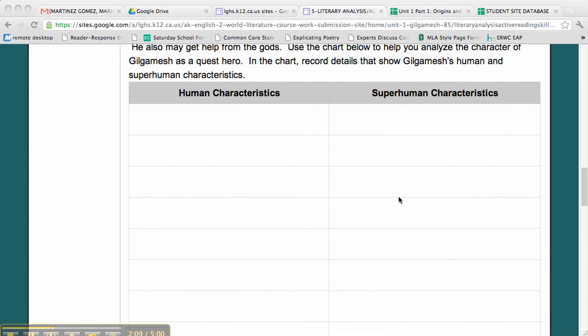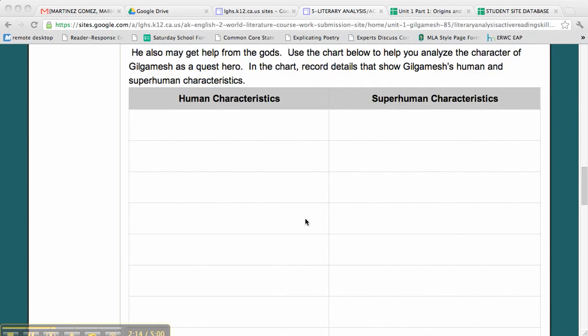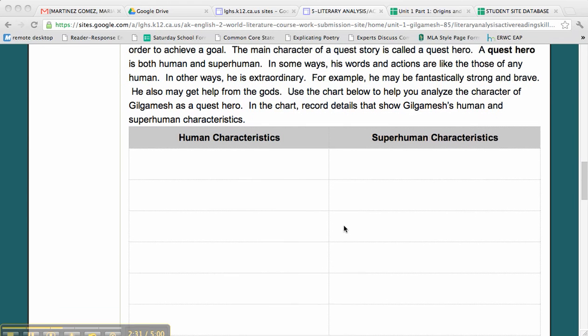So again, you just list them down the row. I understand that not all of these boxes will be filled in, but you should have at least 5 on each side. At least 5 on both sides, so altogether about 10 for this activity.